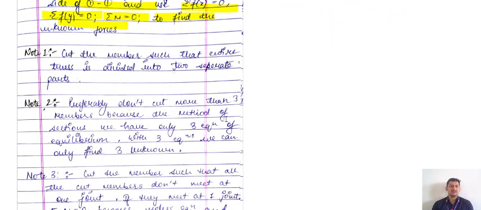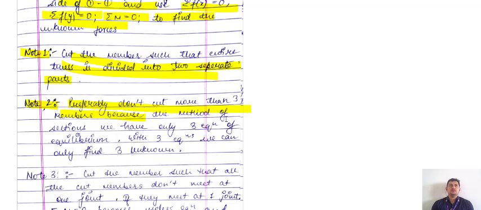Write down a note that says to cut the members such that the entire truss is divided into two separate parts, so that either left hand side equilibrium or right hand side equilibrium can be maintained. Note 2 says that preferably don't cut more than 3 members.